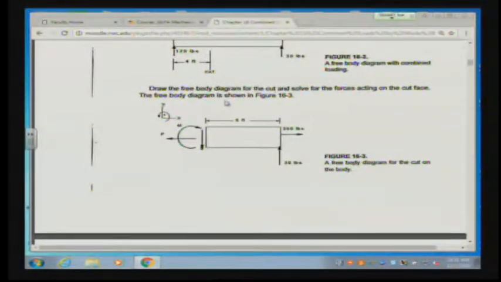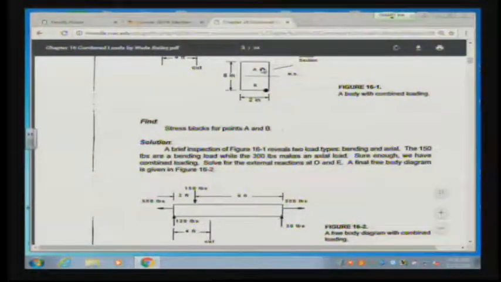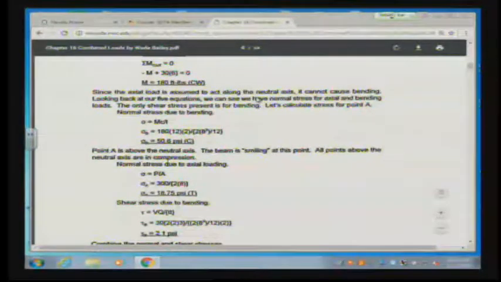This is the normal stress due to bending at point A. So coming back here, we're talking about this point A. This is our P over A load, which is just from the axial load, and there's no torsion, so VQ over IT is the entire tau.